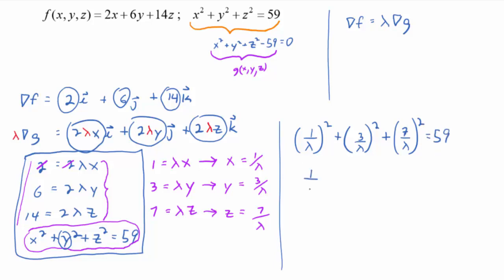And remember, that's the same as 1 squared over lambda squared, which is 1 over lambda squared, plus what? 9 over lambda squared, right? Plus 49 over lambda squared. And then what do you get on the left side? Like you have common denominators, add them together, what do you get on top? That's a miracle, right? 59.